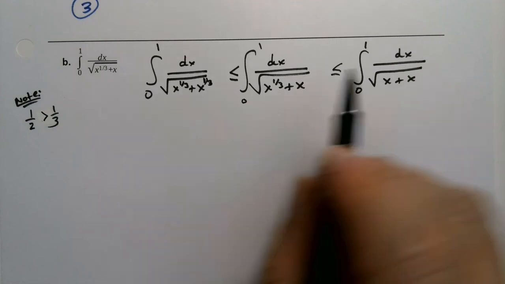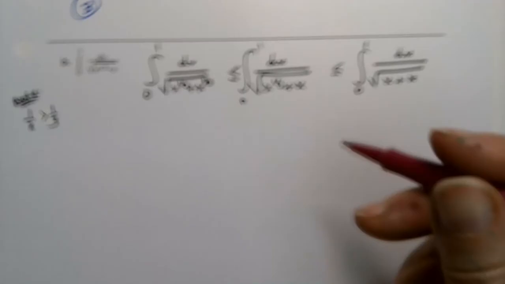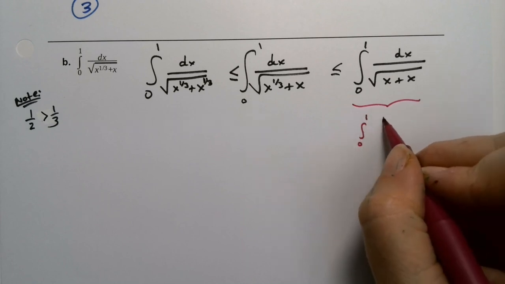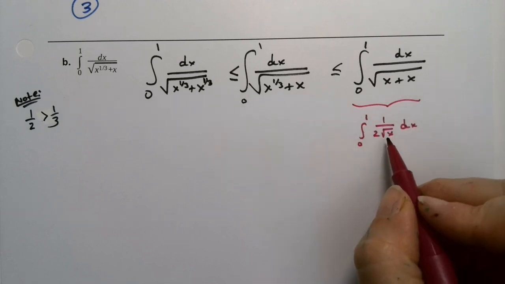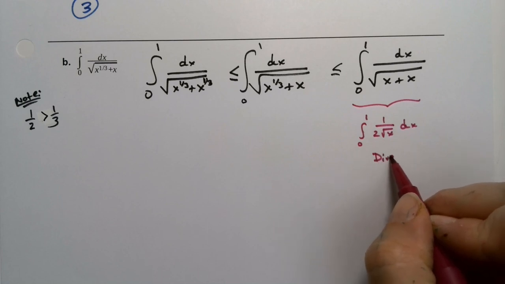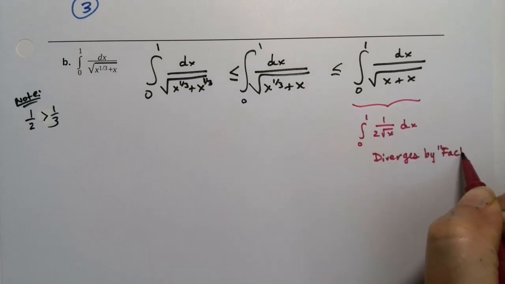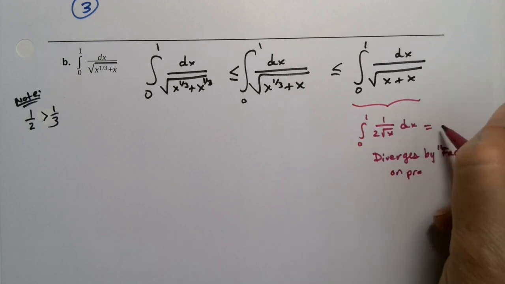If I do this one, it's the integral from 0 to 1 of 1 over 2 square root of x dx. It's the square root, it diverges, by the fact that we know from that previous page. I should number that fact or something. And that's not useful to us, right?